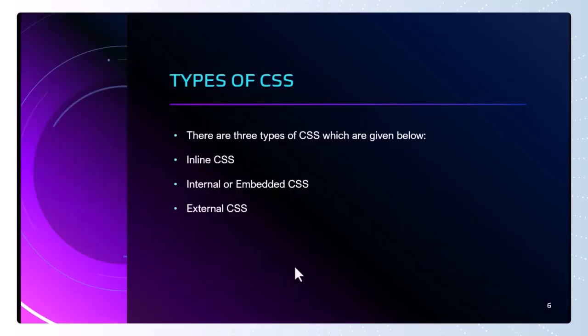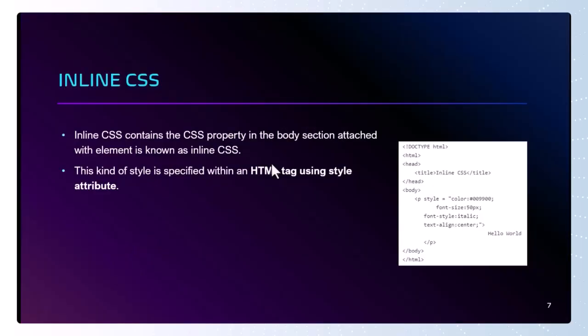Types of CSS. There are three types of CSS: inline CSS, internal or embedded CSS, and external CSS. Inline CSS contains the CSS property in the body section, attached to the element. In this example, inside the body we have a paragraph.